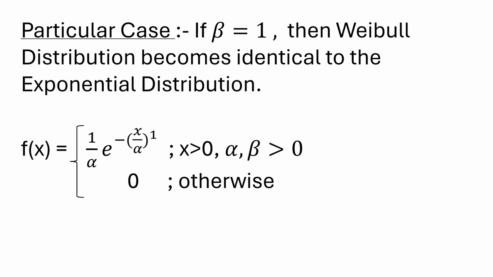If beta, the slope parameter, is 1, then the Weibull distribution becomes identical to the exponential distribution, that is theta e to the power minus theta x, where theta is replaced by 1 upon alpha. This is an observed result, but it can prove significant for further proofs and calculations. So we come back to our topic, the mean and variance of the Weibull distribution.